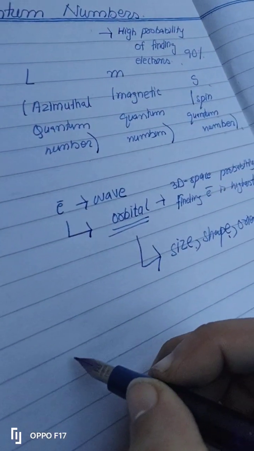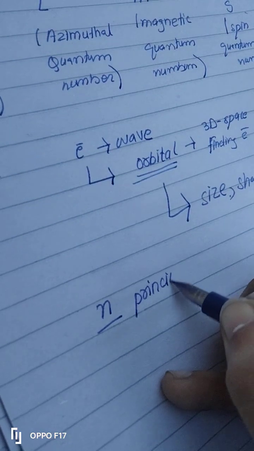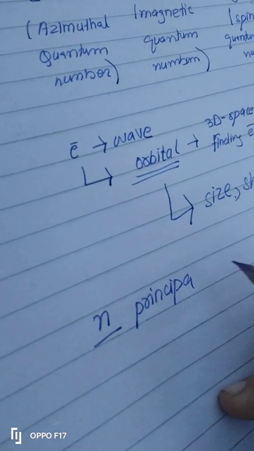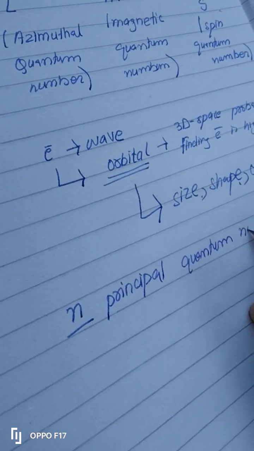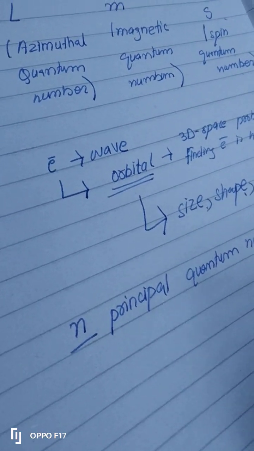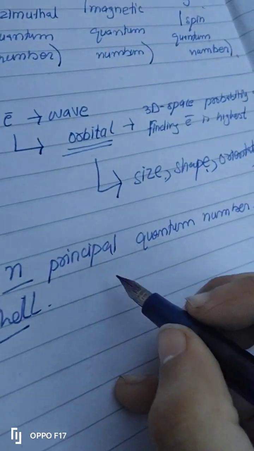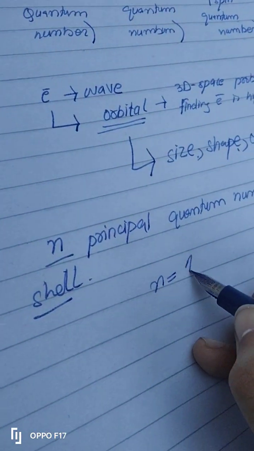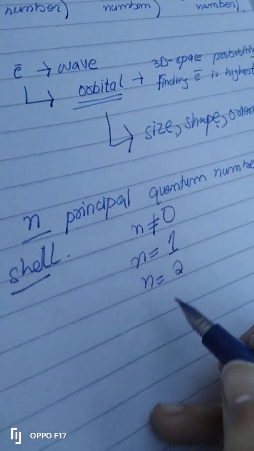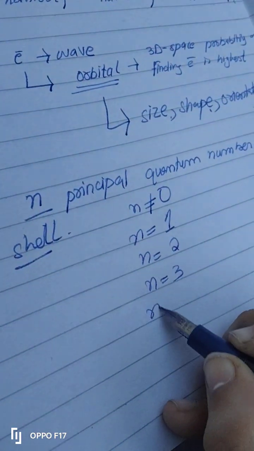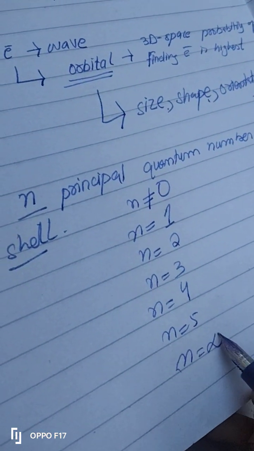The first quantum number is N, known as the principal quantum number. It tells you about the shell. N is equal to 1, N is equal to 2, but N is not equal to 0, N equal to 3, N equal to 4, N equal to 5, and up to infinity.